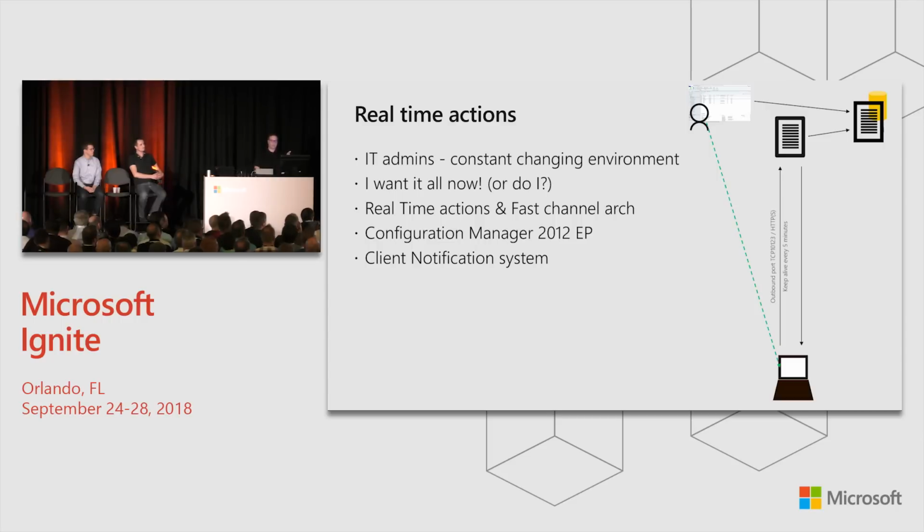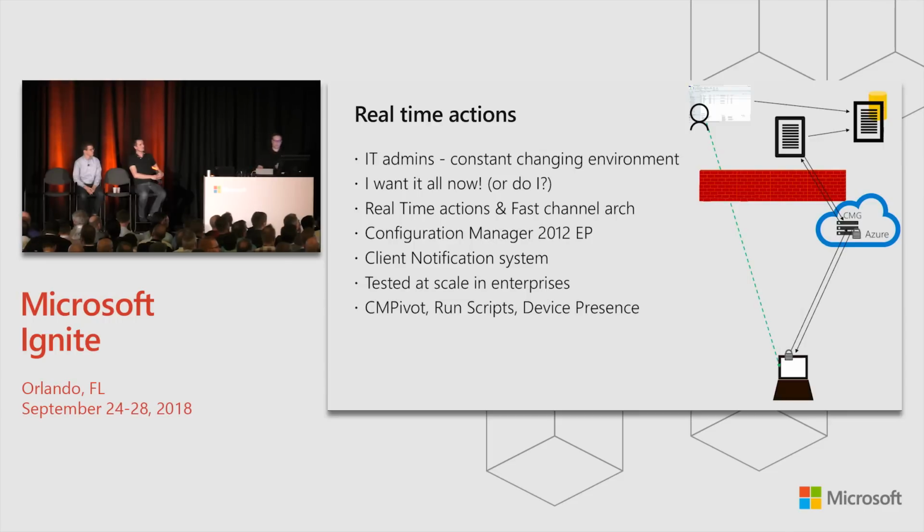When the admin requests an action, it sends a request from the server down to the client, which is listening for these client notifications. The client then executes that command and returns the result, sending it back up the SCCM state message system, and it goes into the database. In real time, the admin sees a quick remediation or a quick action that's been conducted.